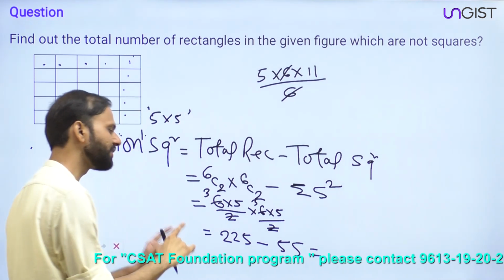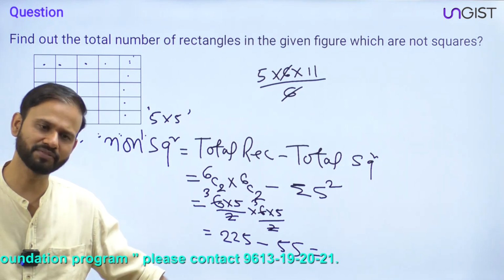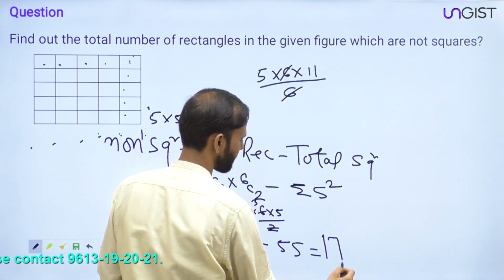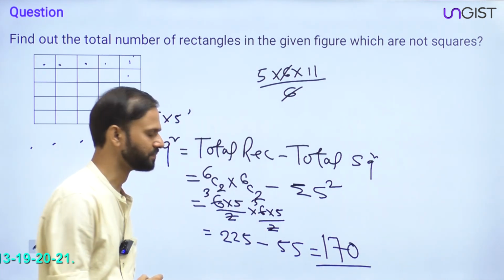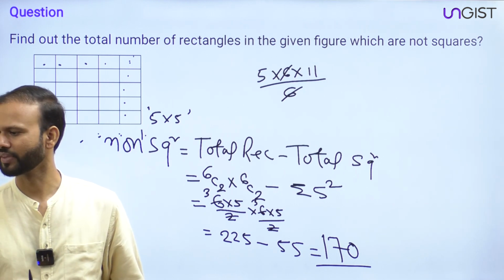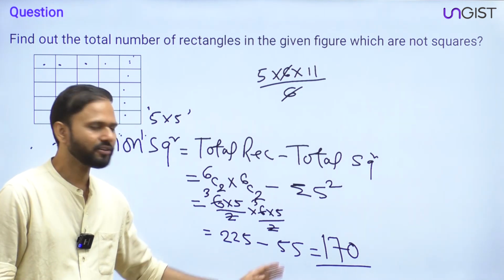So this is 225 minus 55, which becomes 170. 170 is the correct answer. I think Priya said 170. Yeah, Priya said 170. And Preeti again said 170.